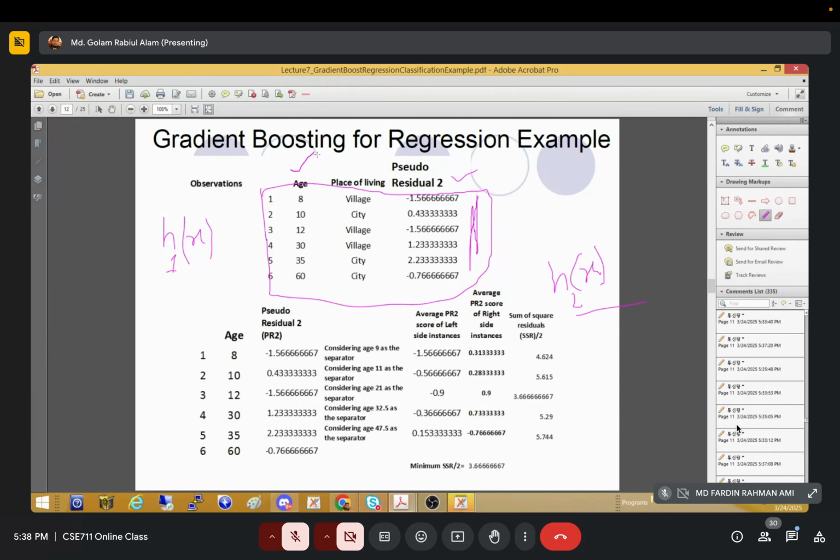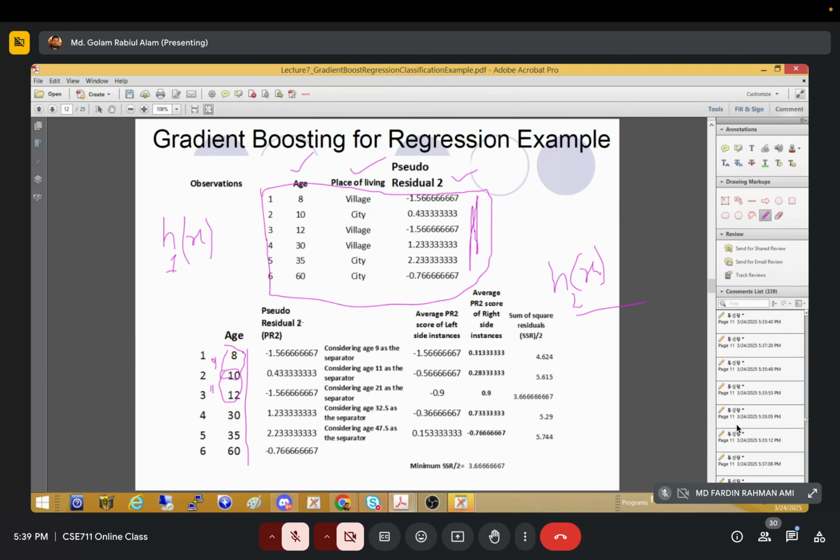Again we have age and place of living, so we apply the same procedure: sort the data based on age in ascending order, then find the average of two consecutive numbers, like 9 and 11, and consider each average as a splitter and find out the errors.